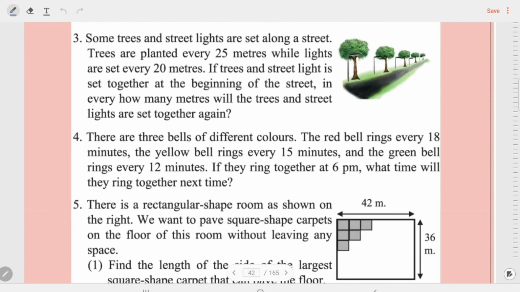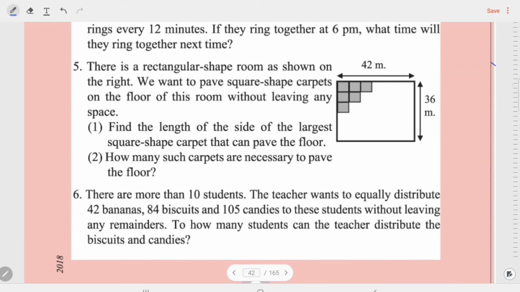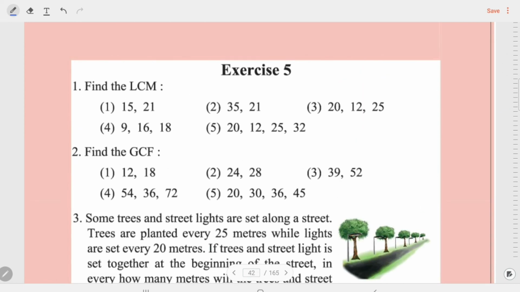Next, exercise 5 is waiting for us. Find the LCM. Okay, let me do it. Let me do 20, 12, 25, 32.